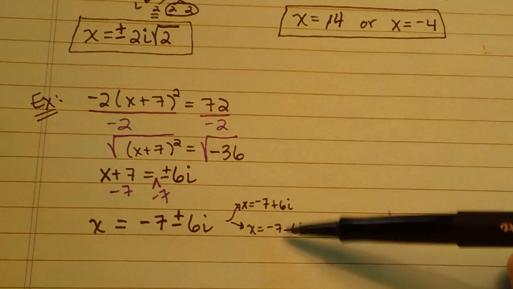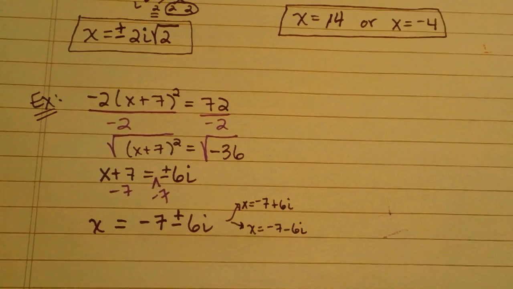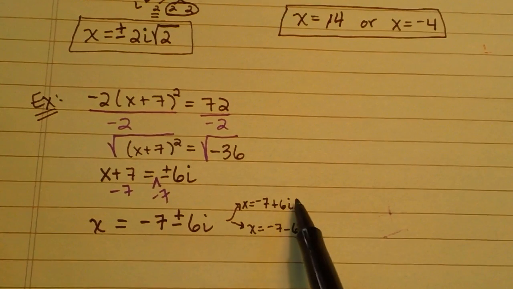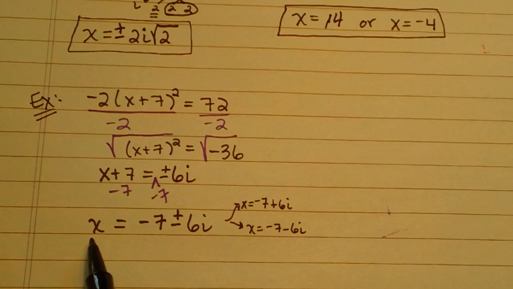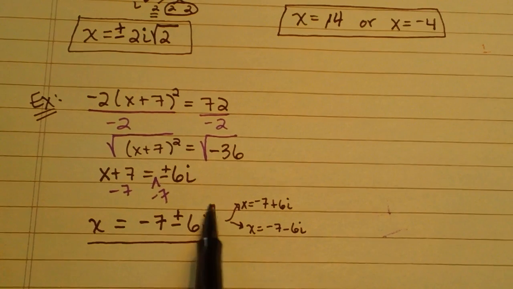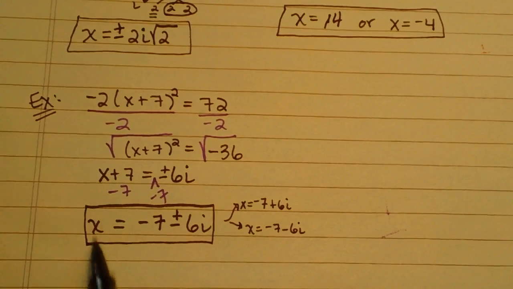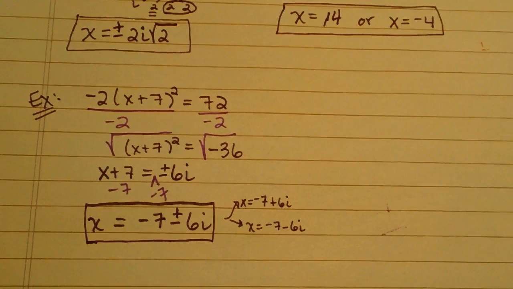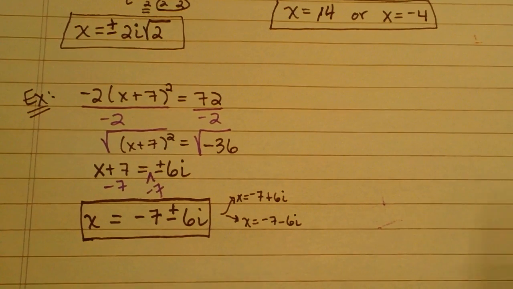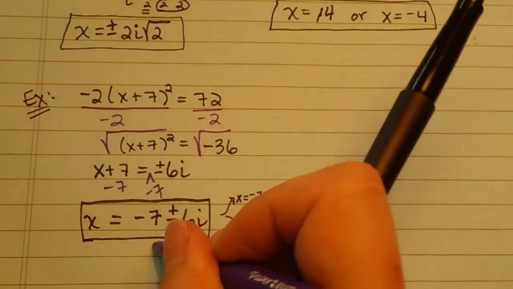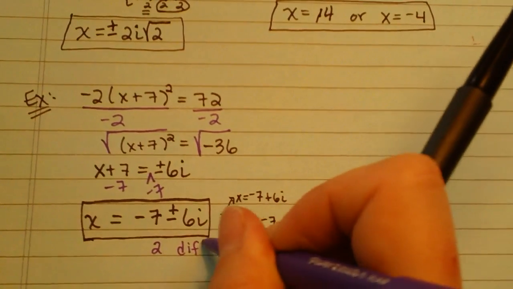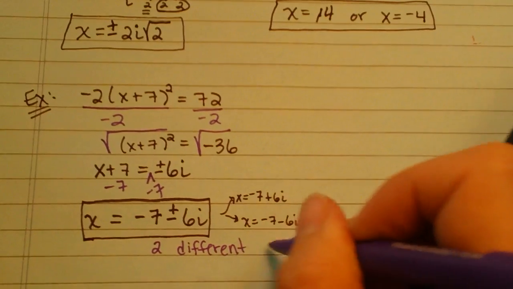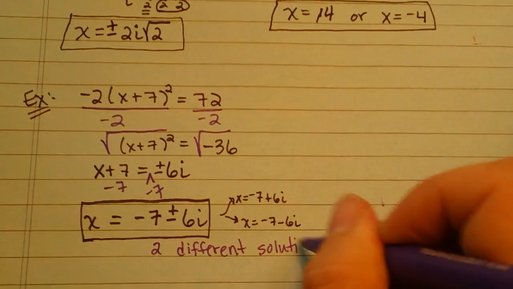Notice that these two solutions are the complex conjugates of each other. So we know that we have two solutions, but we are allowed to give our answer as negative 7 plus or minus 6i. We just have to remember that that really means two different solutions, and they are actually two different solutions that are complex conjugates of each other.